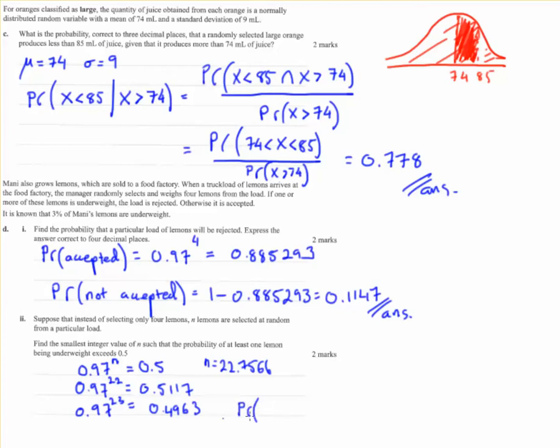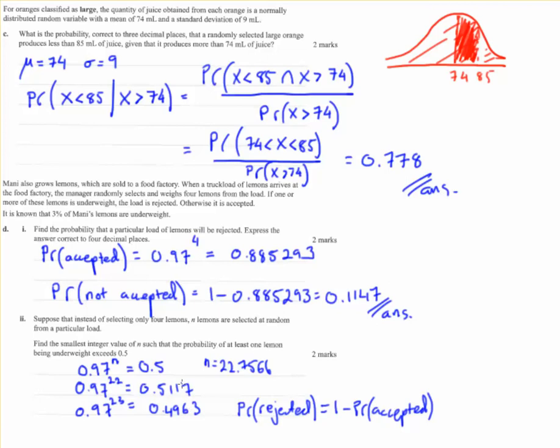The probability that a batch is rejected in each case is 1 minus the probability that it's accepted. We're looking for the complement to exceed 0.5.